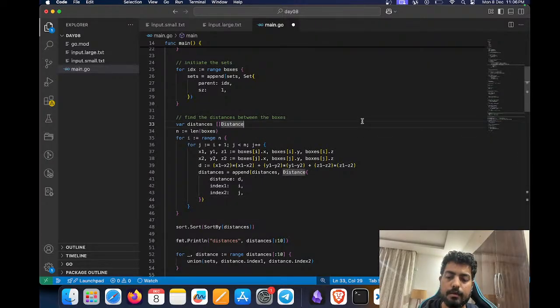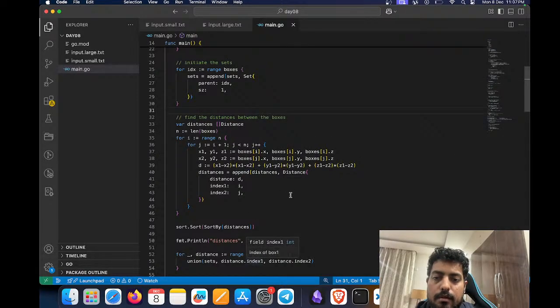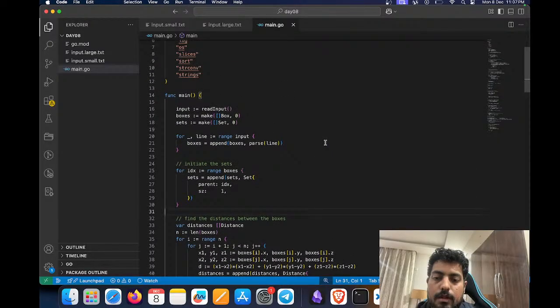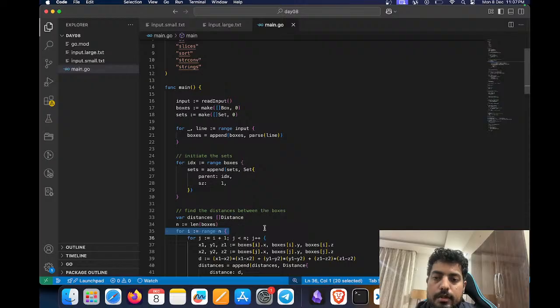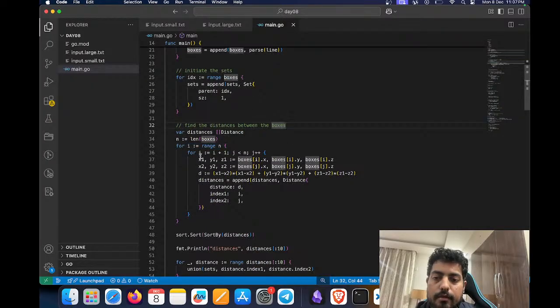So I know that I'm finding the distance for all the boxes. N is the length of boxes, which is okay. And for all the boxes, I'm iterating over all the indexes.